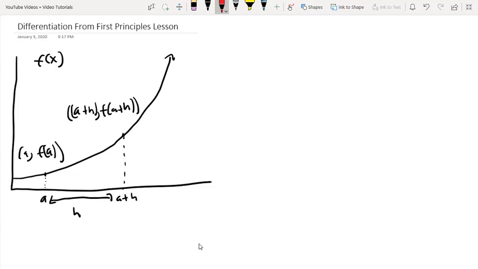Now let's say we wanted to find the slope of a secant line connecting these 2 points, which we would know would be the average rate of change between them. The average rate of change is the slope of a secant between any 2 points.